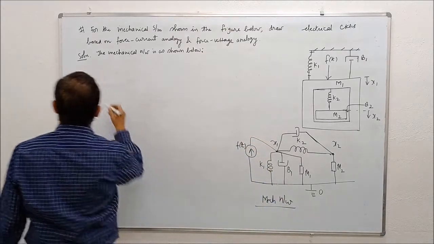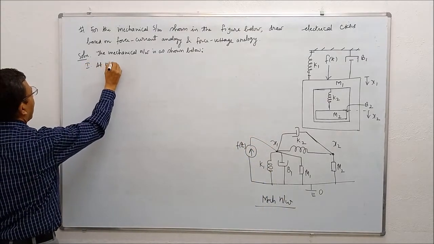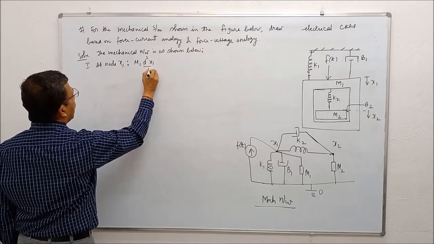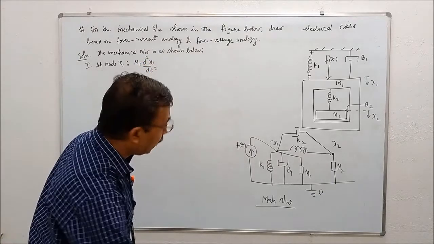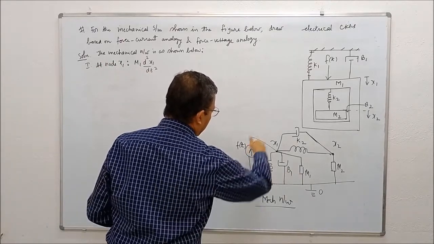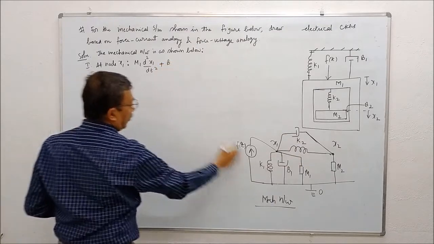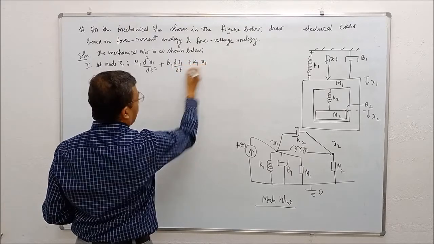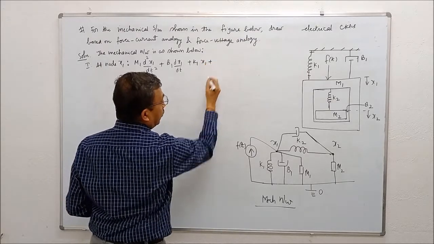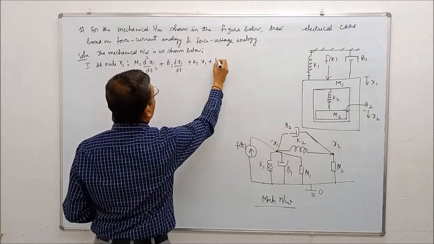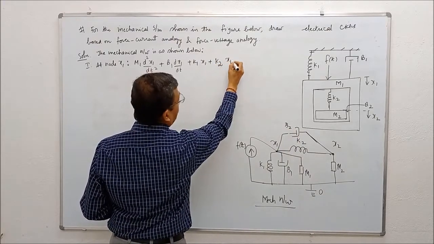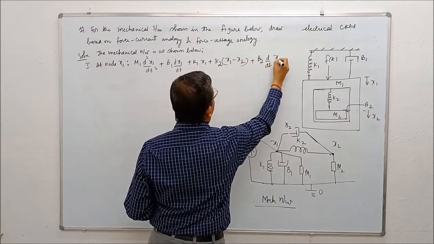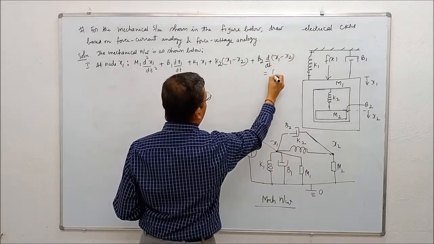Mechanical network, step 1. At node x1, M1 into d square x1 by dt square, the force through mass M1, plus B1 into dx1 by dt plus K1 into x1 plus K2 into x1 minus x2 plus B2 into d by dt operating on x1 minus x2 is equal to f of t.